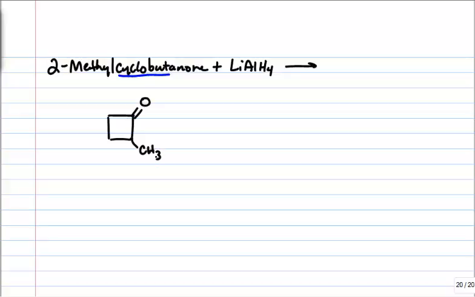Look at that. When you number a cyclic ketone, this carbon here is always number 1. Again, if it's not cyclic, the carbonyl will never be number 1 in a ketone. But this is a cyclic ketone. We have a different set of rules.